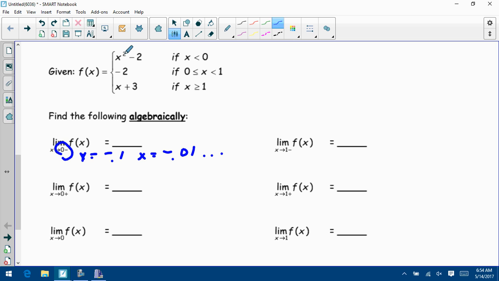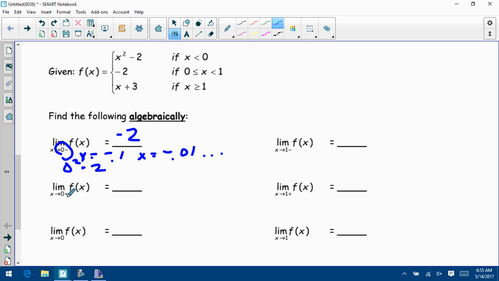It falls into this one. So this just tells me I should be looking at values to the left of 0, which means this is the equation I use. Now plug 0 in. You could use a table, but I can also just plug in 0 as long as it's not indeterminate form. So I would plug in 0 squared minus 2, and we'd get negative 2.